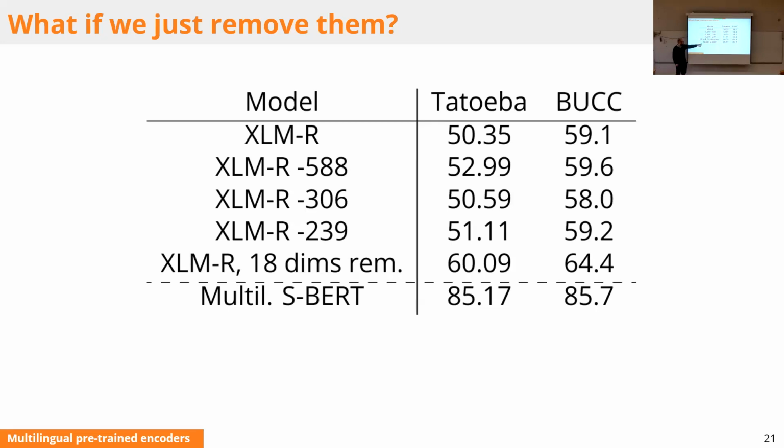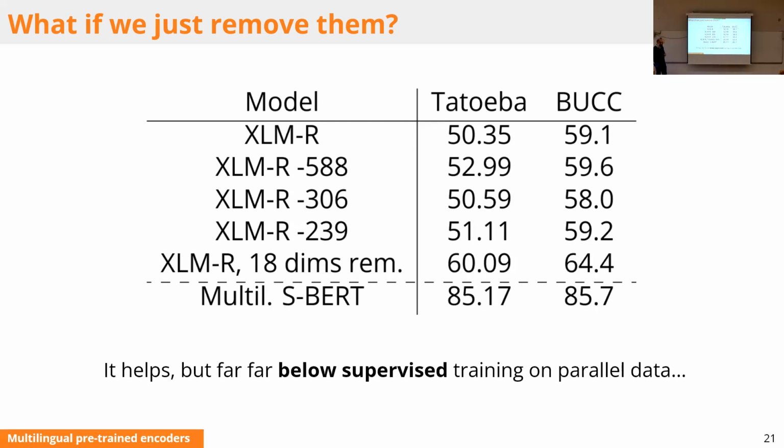And when we remove the 18 most outlying dimensions, it's already better than doing the language specific averaging that we did. And this is a comparison with multilingual sentence BERT. And multilingual sentence BERT was trained from XLM-R using just a small amount of parallel data. And again, using just a small amount of parallel data improves a lot.